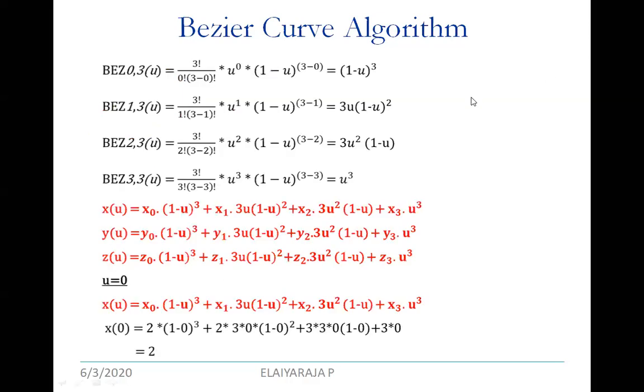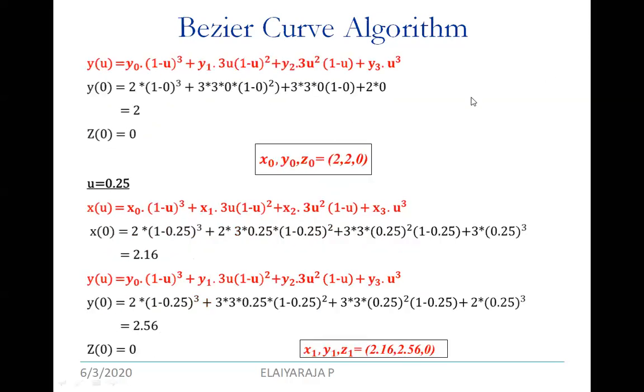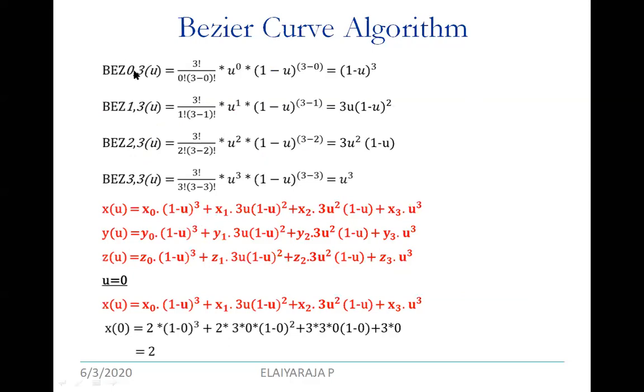Fine. Then first, you are going to write the Bezier function, where here we have 4 control points. The degree of the polynomial is equal to 4 minus 1, equal to 3. So your k value starts from 0 and n value ends at 3. So k equal to 0 to n, n equal to 3.